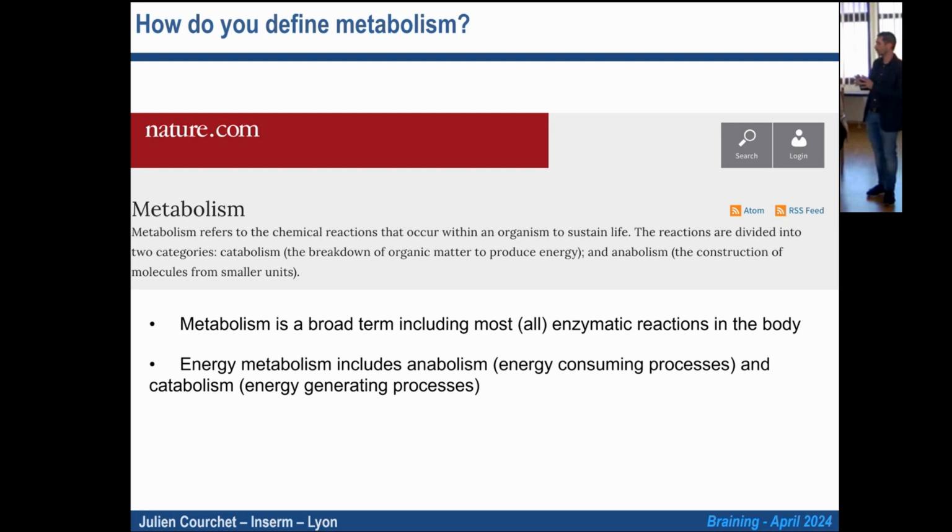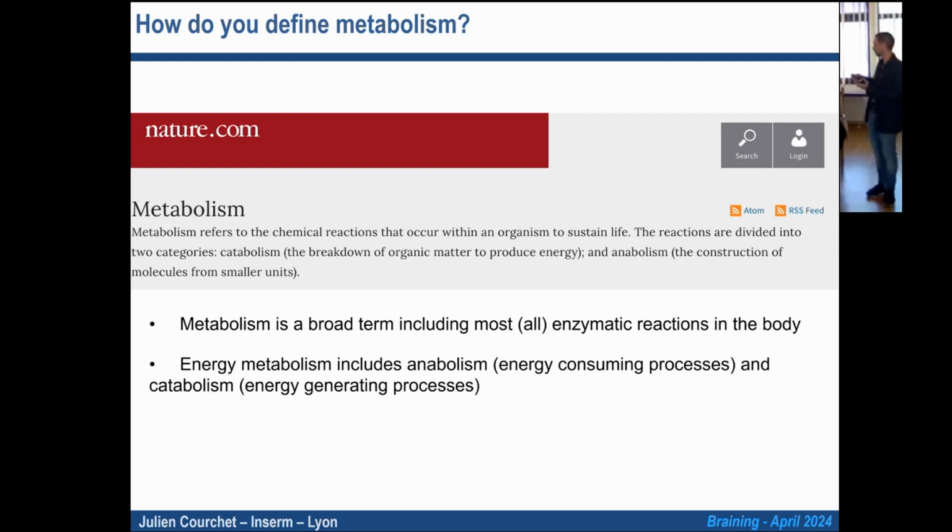It can be more operationally divided into catabolism, which is the destruction of a molecule to produce another molecule, and catabolism is also a way to produce energy. The other aspect is anabolism, which is using energy to build molecules. And you always have an equilibrium between the two of them.